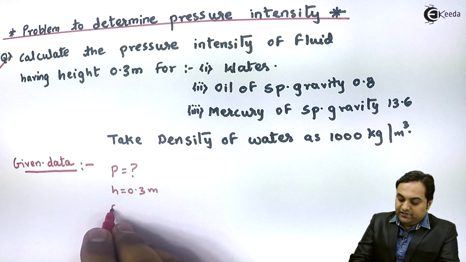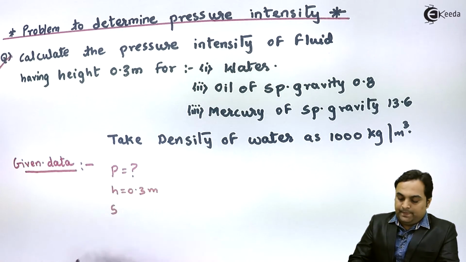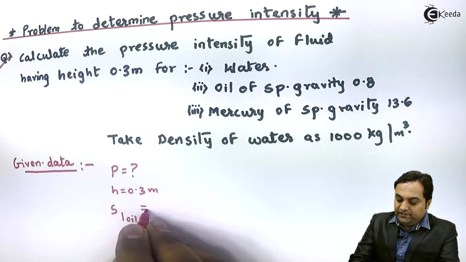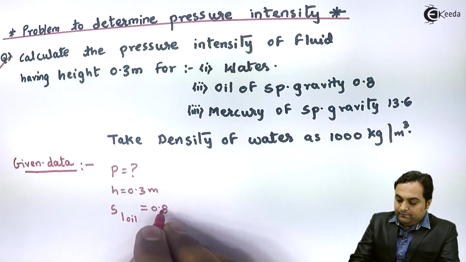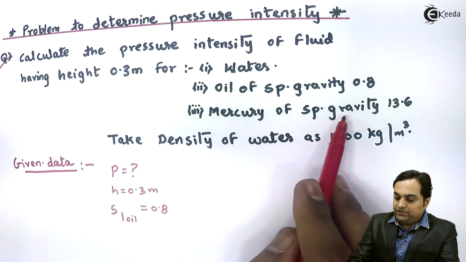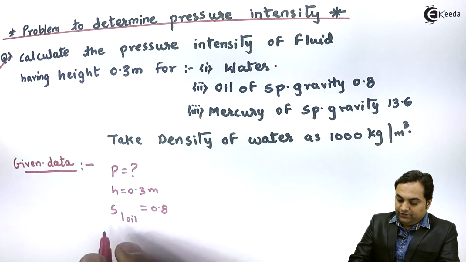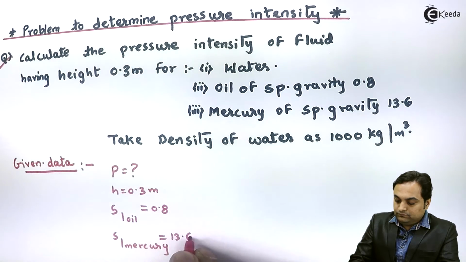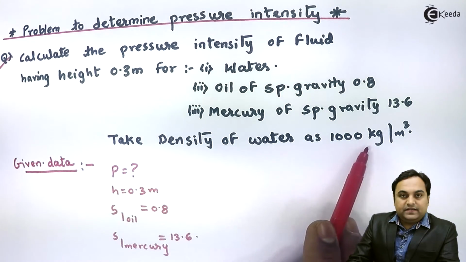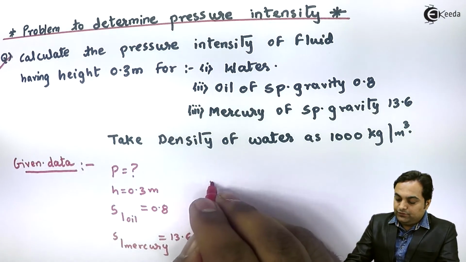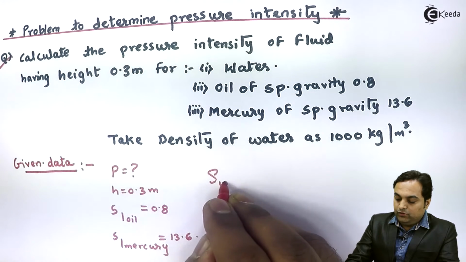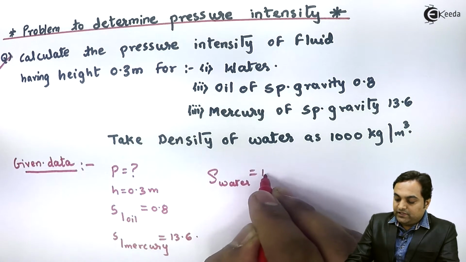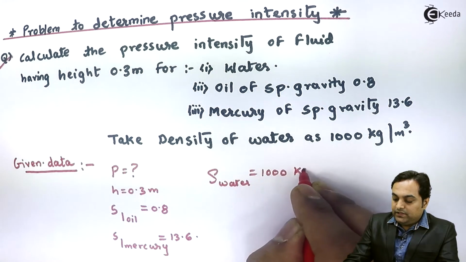So I'll write down specific gravity is denoted by letter S. For oil, specific gravity is 0.8, and mercury is of specific gravity 13.6. Take density of water as 1000 kg per meter cube. So the density is denoted by rho. For water, I'll denote it here, it is 1000 kg per meter cube.